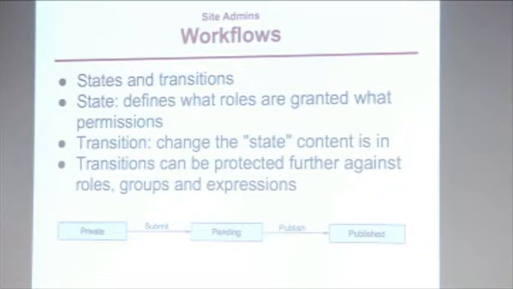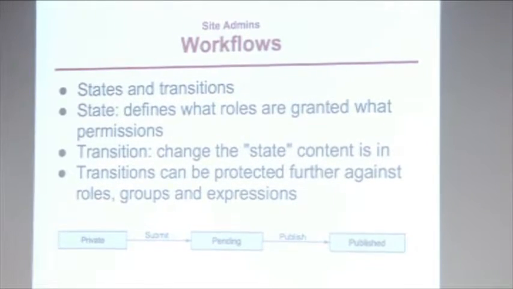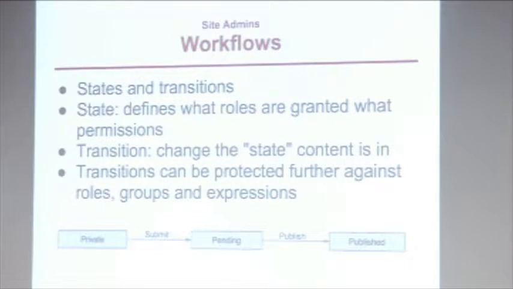How workflows work, at least in the Plone sense, they're composed of states and transitions. A state basically maps permissions to roles, and then a transition transfers the content from one state to another.